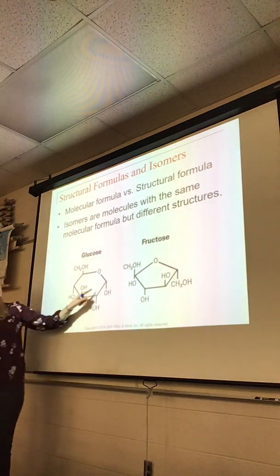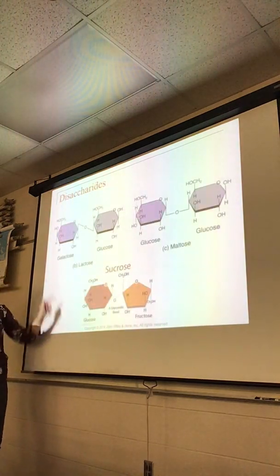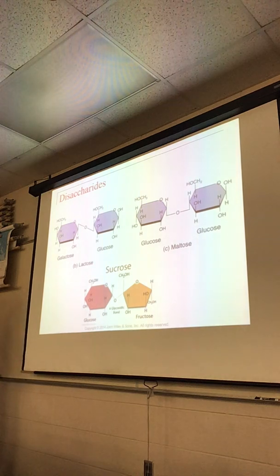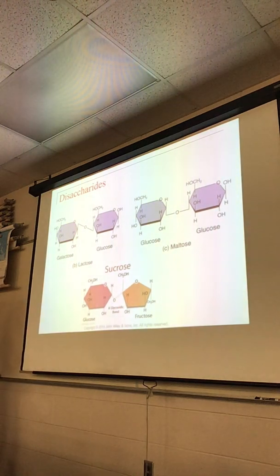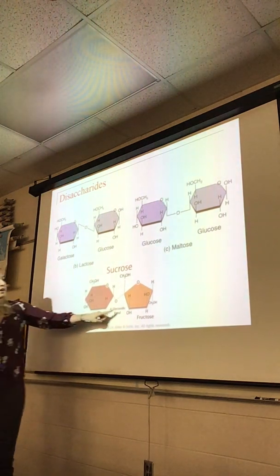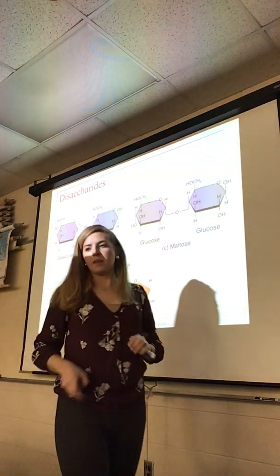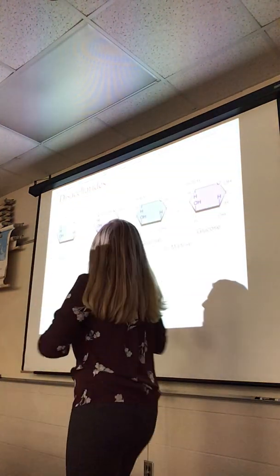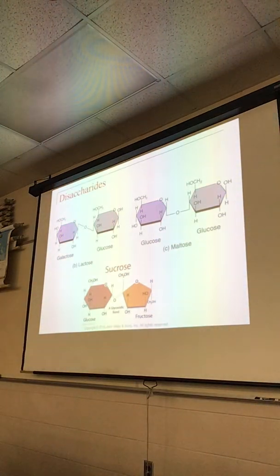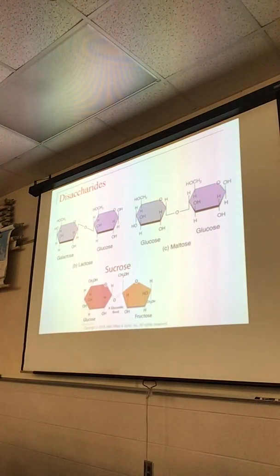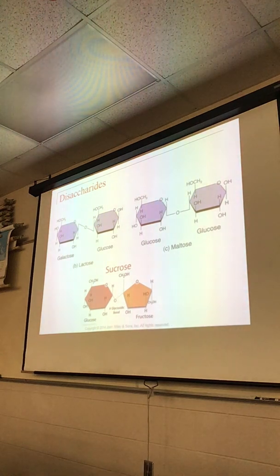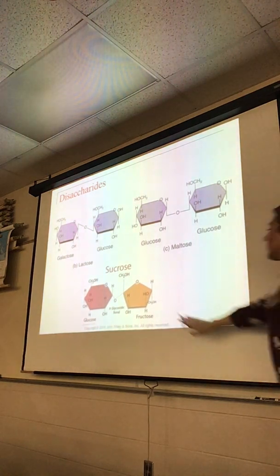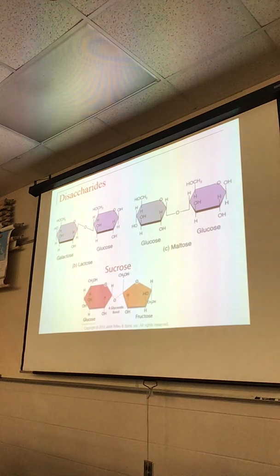Now, if we put glucose plus fructose together, looking at these disaccharides, what would we get? Sucrose, okay? Now here's something interesting. What did we say the molecular formula for glucose was? C6H12O6, right? What did we say the molecular formula for fructose was?